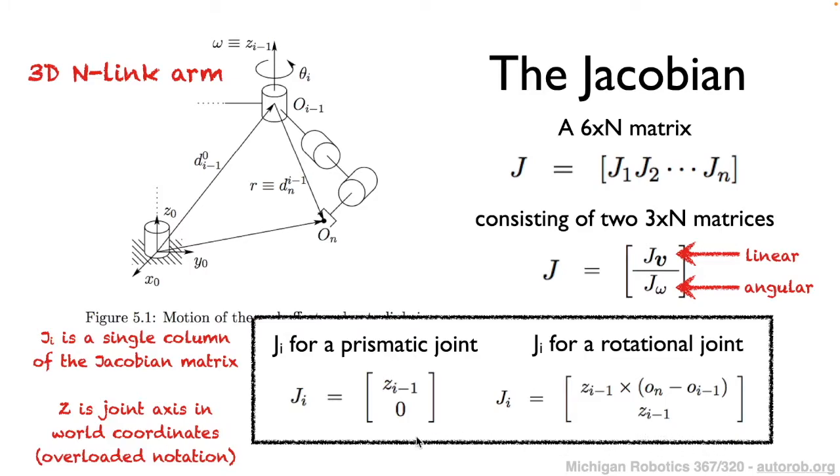Using these two formulas, we could then construct the Jacobian matrix for our robot given its current configuration, and from that we would have a resulting 6x(n) matrix for our system.